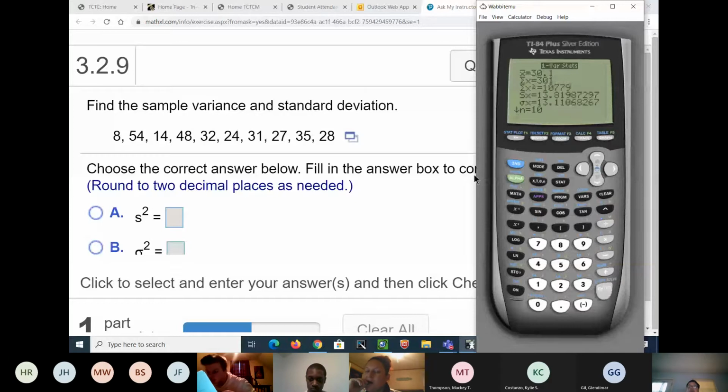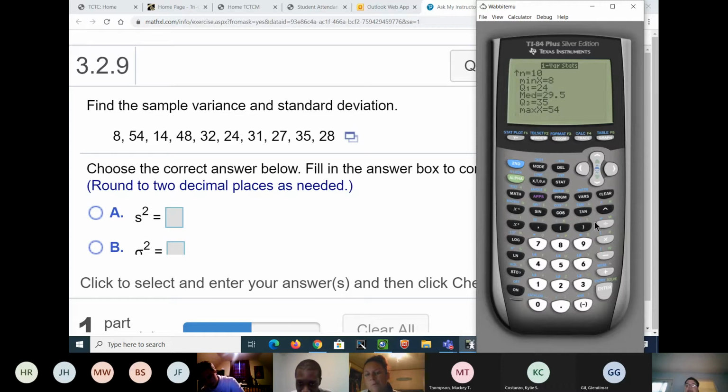My mean is 30.1, and the standard deviation is 13.81987. I'm going to write that down and raise it to the second power. Here's my mean, my first quartile, my median, my third quartile, and my max.